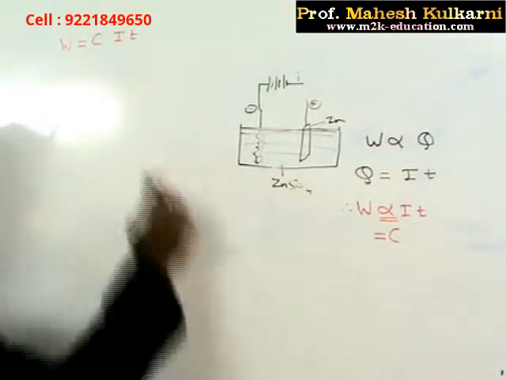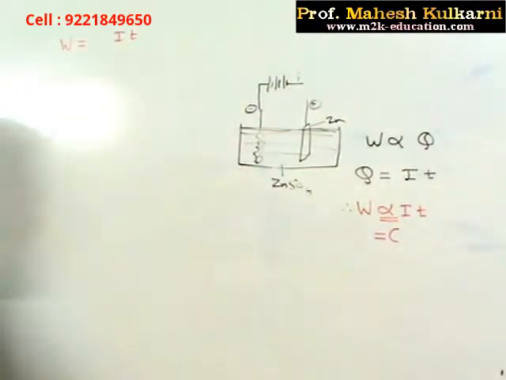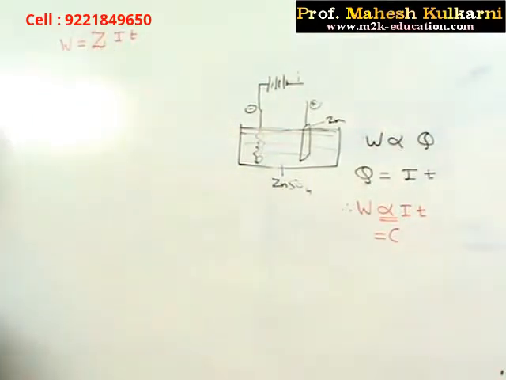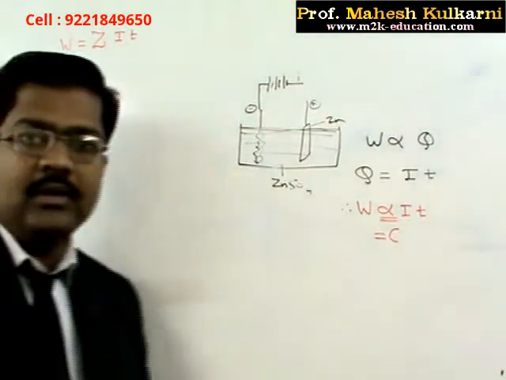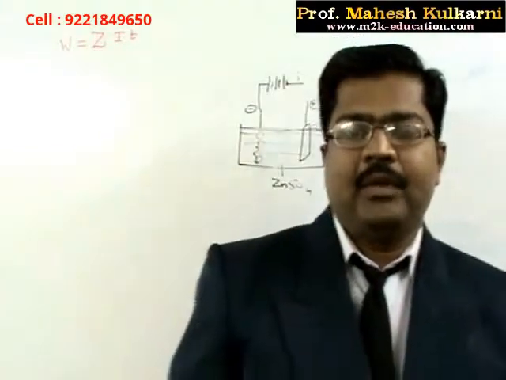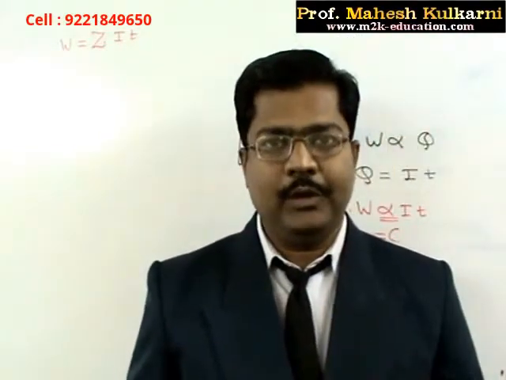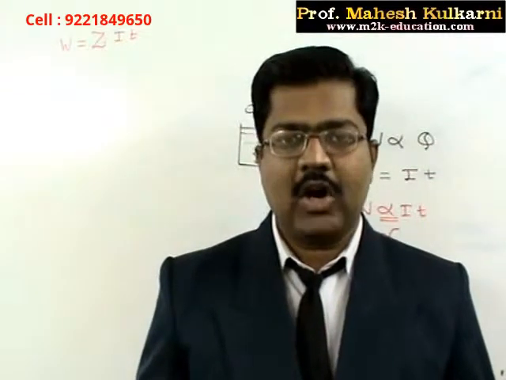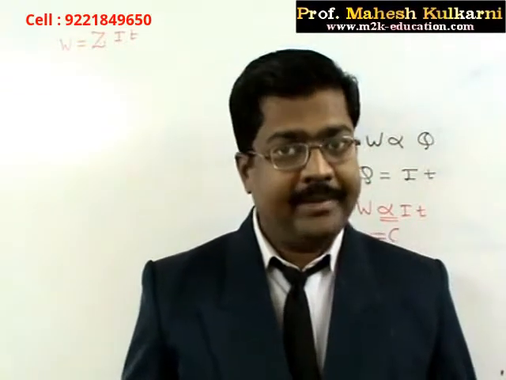Now we are aware that everywhere constants are specific. Here we are giving a specific constant. This constant is called Z. Z is a constant only, but it has some specific value. This is called the electrochemical equivalent of the metal. I am revising the term.